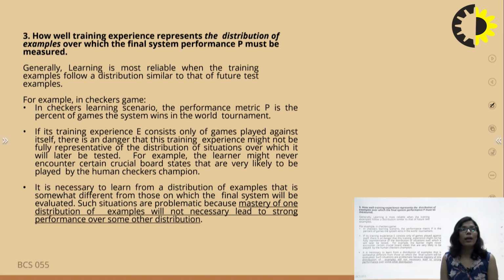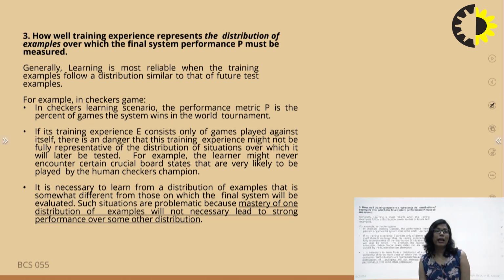Next is how well the training experience represents the distribution of examples over which the final system performance will be measured. Whenever we are learning, we use some data, and whenever we are performing, we use other data. So the data from which I have learned should be similar to the problems I am going to perform on.